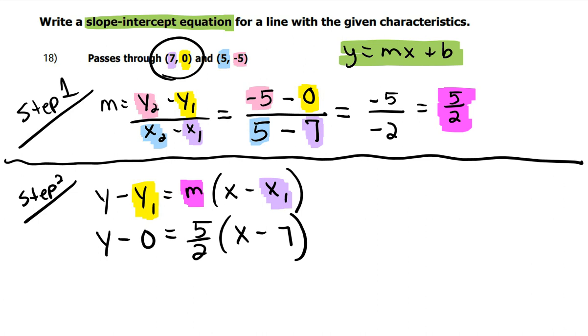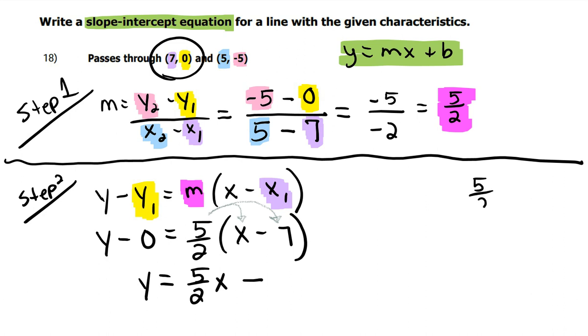And this is nice because y minus 0, that's just y. And then on the other side, I am going to have to distribute. You're going to have to take the 5/2 times the x and also the 5/2 times the minus 7. Well, 5/2 times x is 5/2 x minus 5/2 times 7.